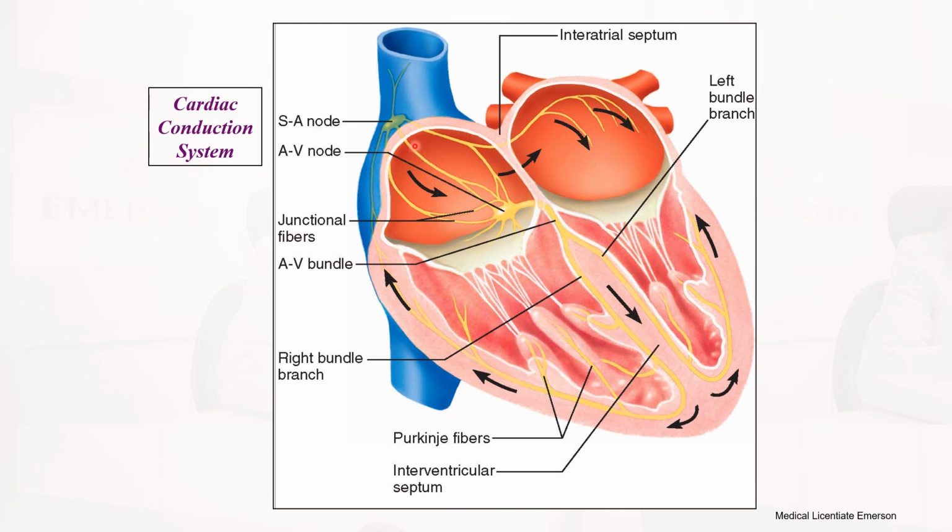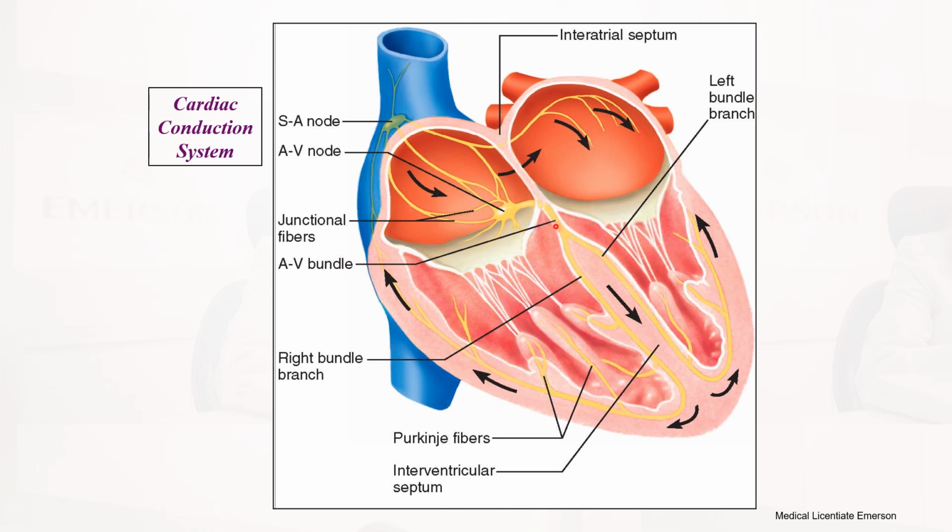Inside the right atrium we have the sinoatrial node, which is the pacemaker and initiates the impulses. As the impulses are sent to the atrium, there is another node which receives the same impulses, found just above the ventricles, which is the AV node. So the AV node will send the information to the AV bundle.